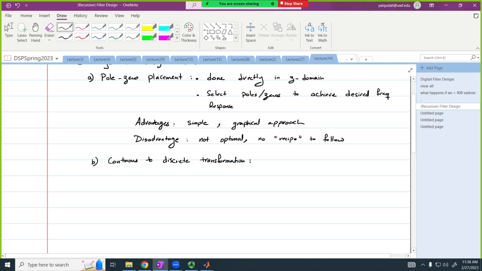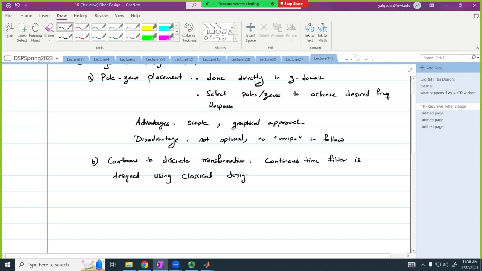The second method that we're going to be looking at is continuous to discrete transformation. As the name implies, we're going to take a continuous time filter using classical methods, and then we're going to transform that filter to the discrete time domain. So a continuous time filter is designed using classical design methods.